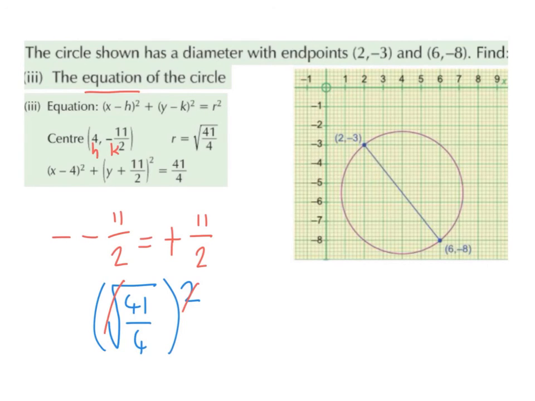So remember, we got our radius to be root 41 over 4, so it's going to be root 41 over 4 squared, but the root and the squared will cancel out, leaving what's under the root, which is 41 over 4. So we have 41 over 4 on the right of our equals. So this is our equation of our circle.